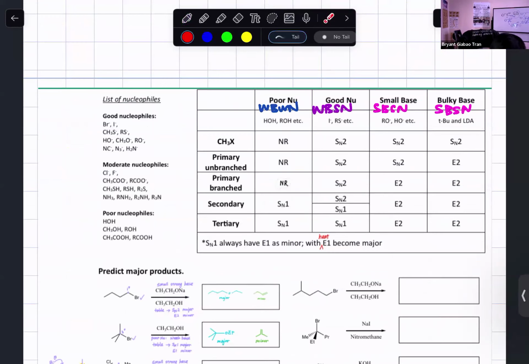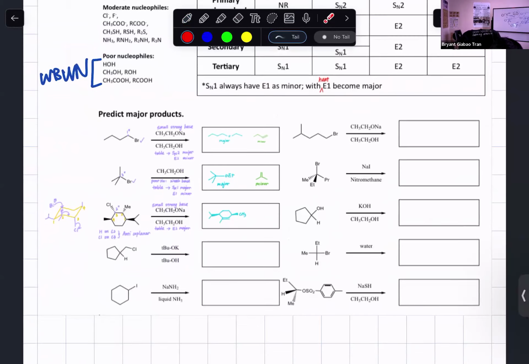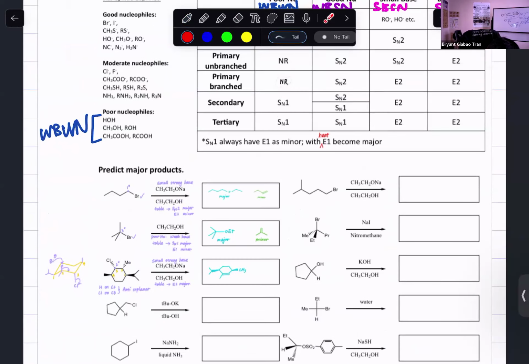So now, she also gave you the list of nucleophiles here, where these are your weak base, strong nucleophiles. These are your weak base, weak nucleophiles. Wait, actually, I'll show you a different list because this one is mixing a little bit of them.